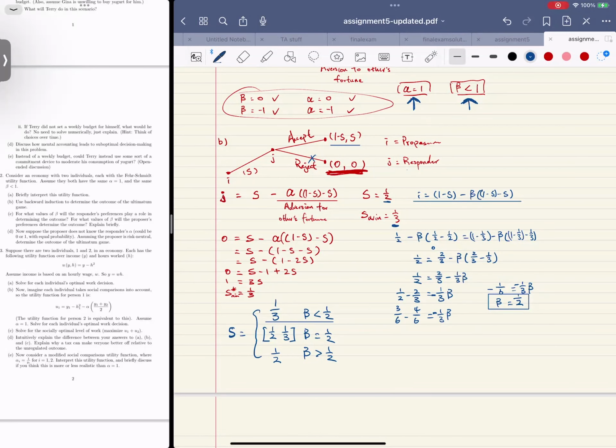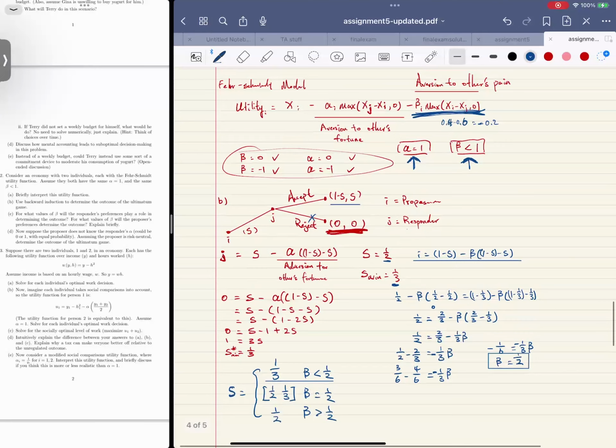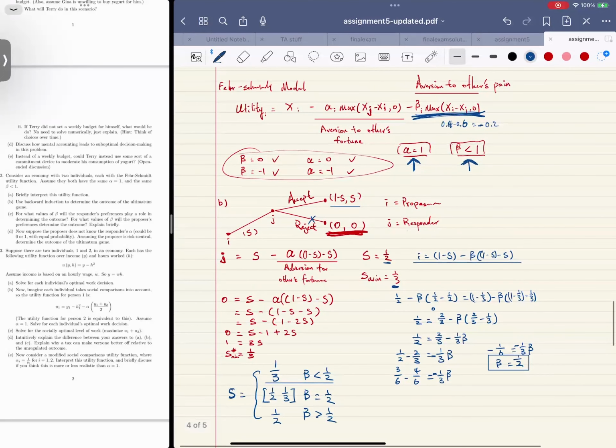Because simply there's not so much aversion to other people's pain. I simply don't care about your pain, or I don't care about inequality. I will give you the bare minimum that you think is fair, so we can make this transaction, so we each can gain from this ultimatum game.